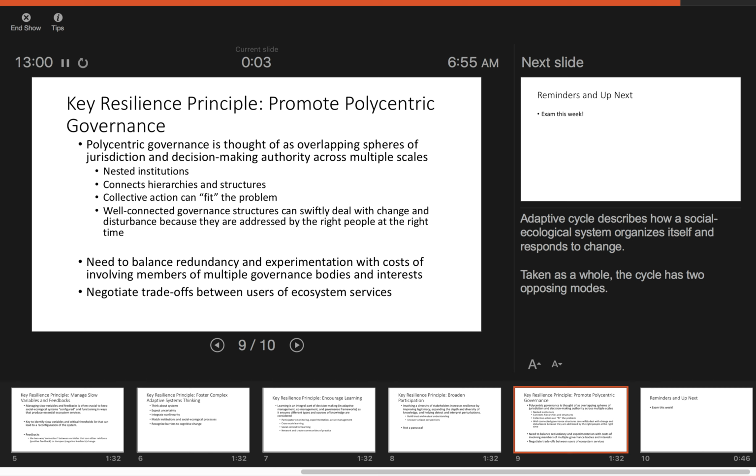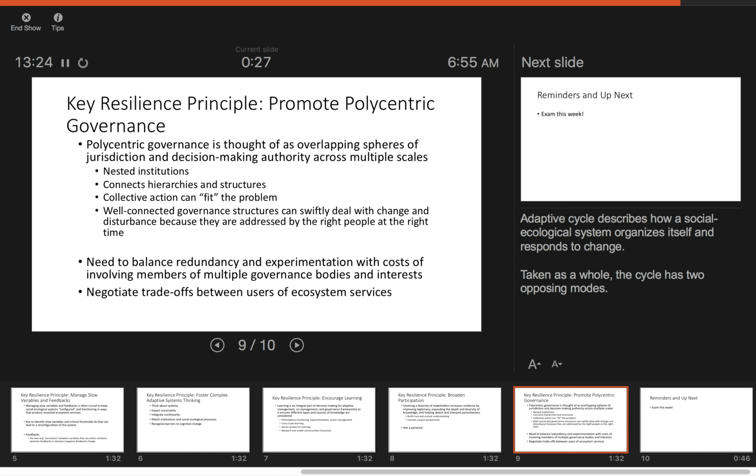So here's a new term, probably the only new term to date: polycentric governance. Polycentric governance, by definition, is thought of as overlapping spheres of jurisdiction and decision-making authority across multiple scales. The reading talks about this as nested institutions.